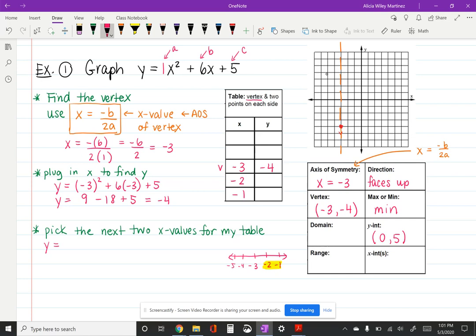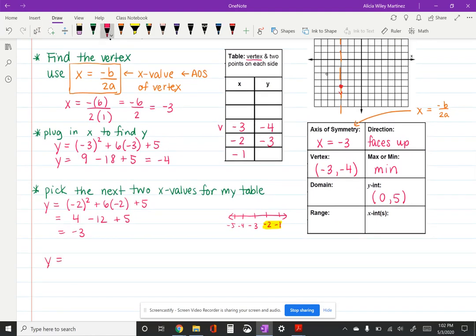So plugging in x is -2 will be -2 squared plus 6 times -2 plus 5. Simplifying that, I get 4 minus 12 plus 5. And then left to right, that ends up being a value of -3. So that means I have the ordered pair and the point -2, -3.